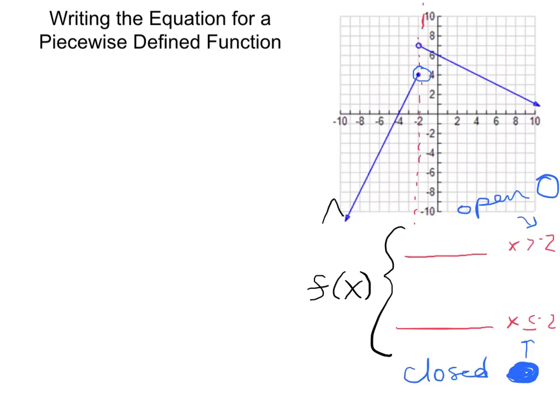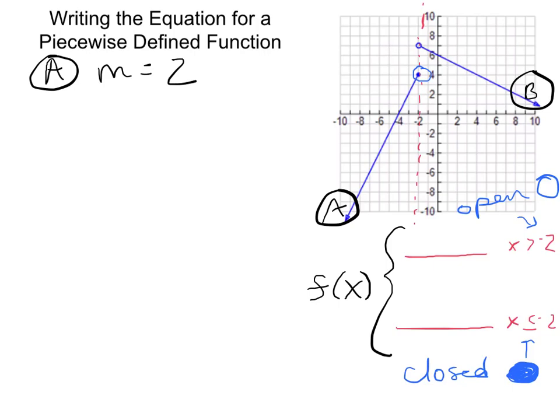So I'm going to call this section A and section B, and we want to write the equation of line segment A. By inspection, I see that the slope of this line appears to be 2. We count up 2 and to the right 1, up 2 to the right 1.